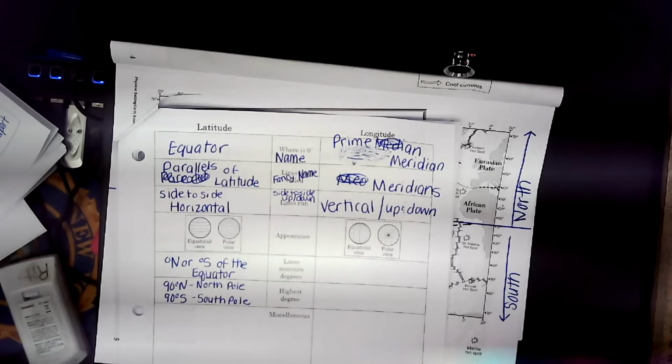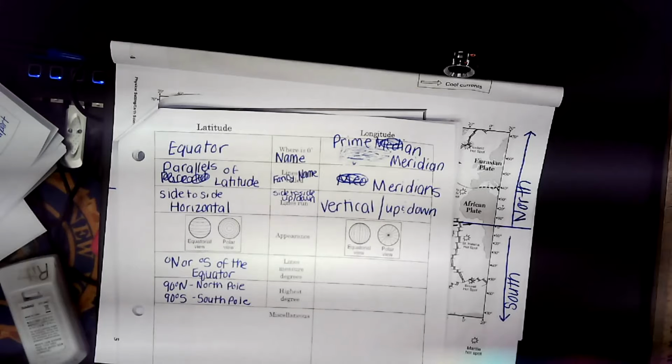So there's one. Apparently it's hard for me to draw a straight line. So those are the lines of longitude, the different meridians. And again, like we said, they come together at the poles, so they all meet at the poles down at the bottom. They're not parallel.